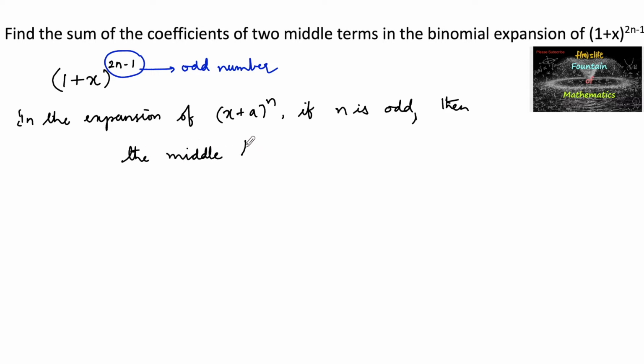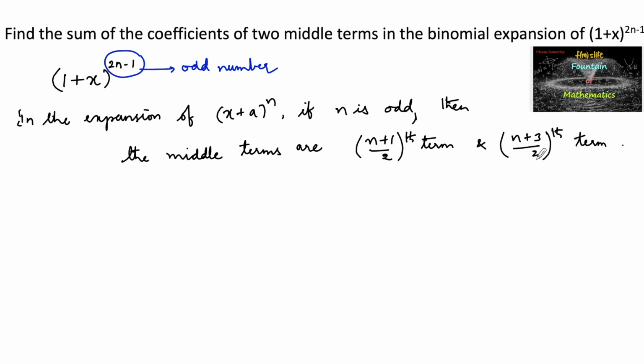The middle terms are given by the (n+1)/2 term and the (n+3)/2 term. So these are the two terms.